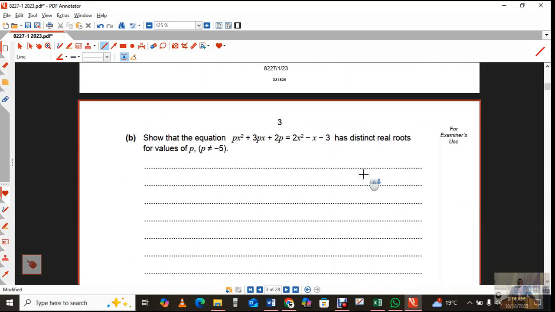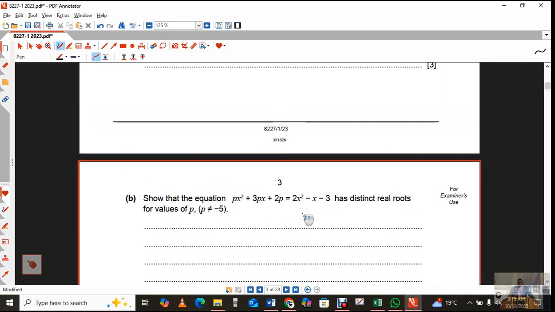Then there is a B part to the question that says: show that the equation px squared plus 3px plus 2p equals 2x squared minus x minus 3 has distinct real roots for values of p, where p should not equal negative 5.